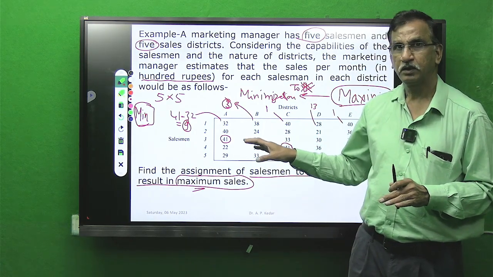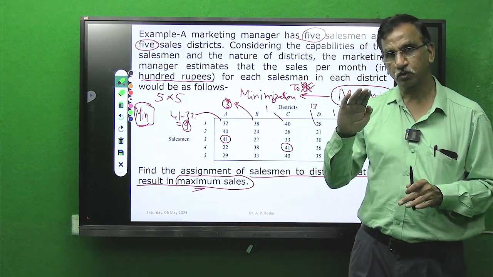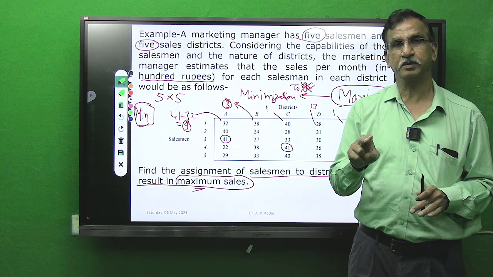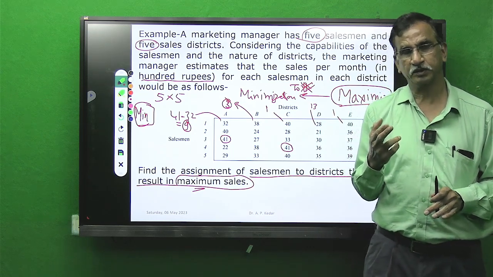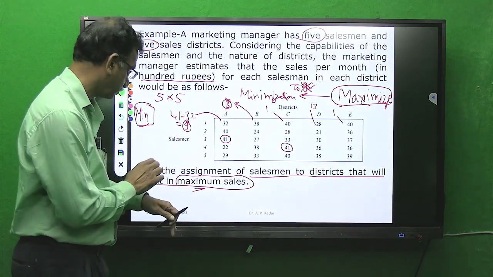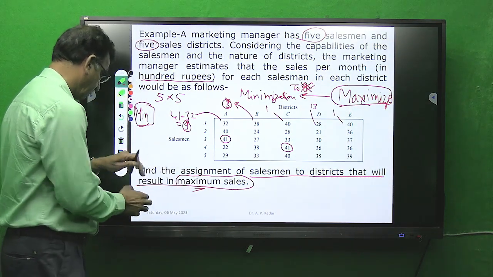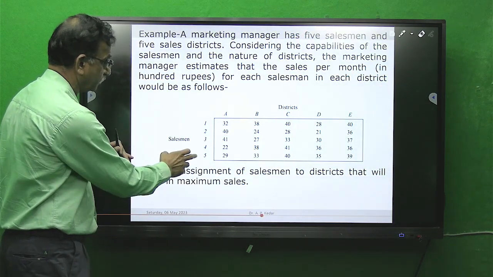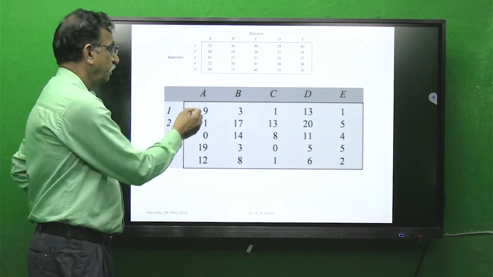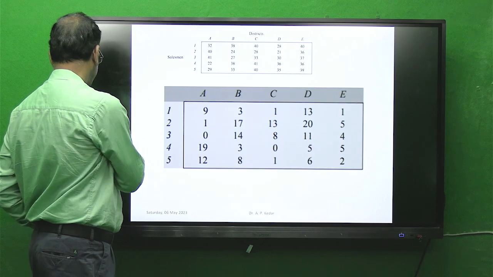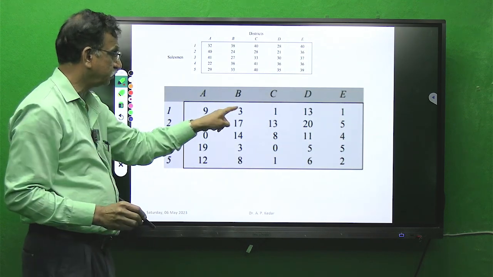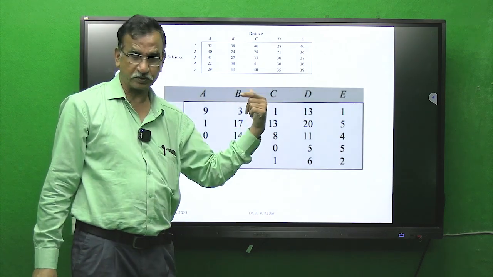After that, perform normal row operation, column operation if required, assignment, and the Hungarian method for finding the minimum number of lines covering all zeros. So I will show you how exactly the matrix looks. See, this is the original matrix, and recall these values 9, 3, 1 which I showed in the previous slide.